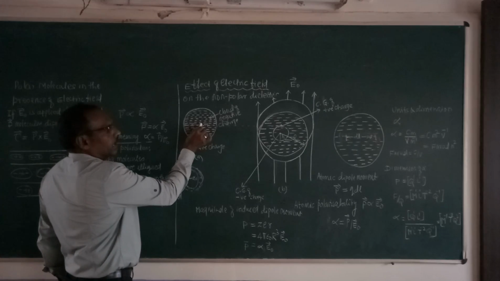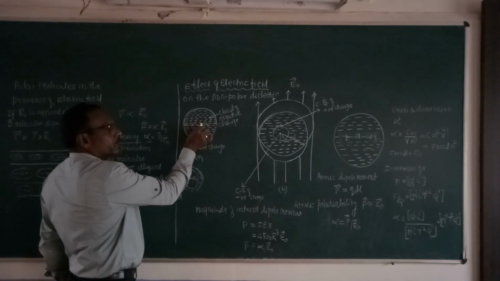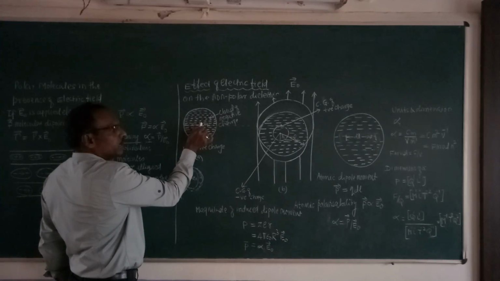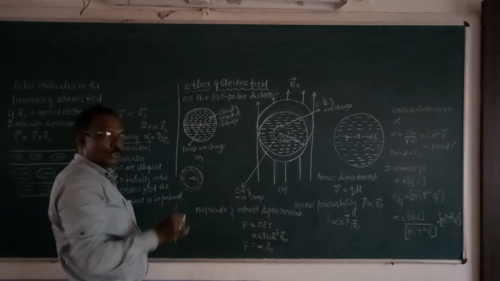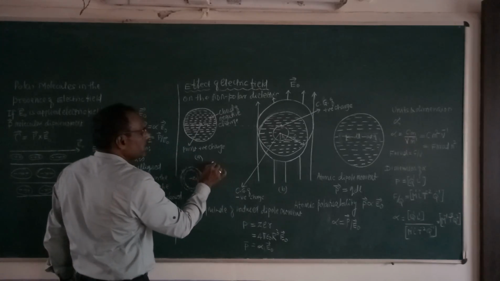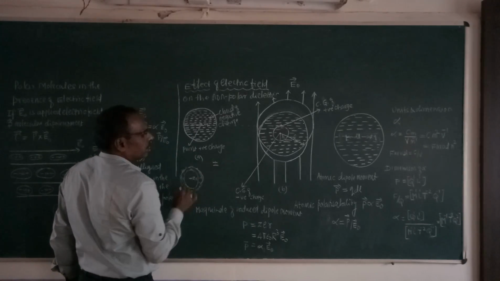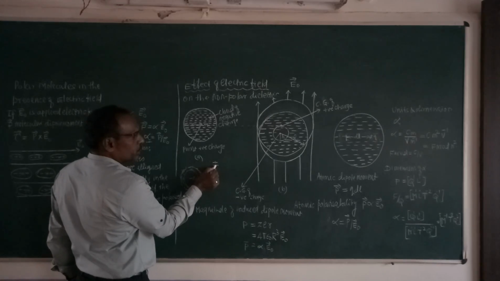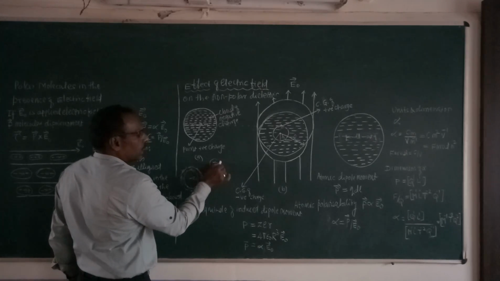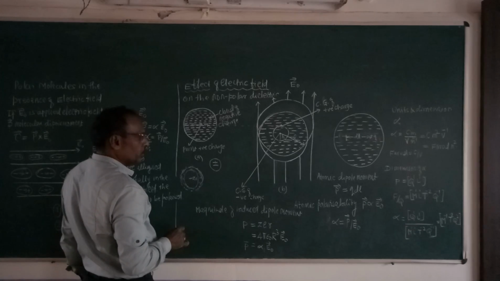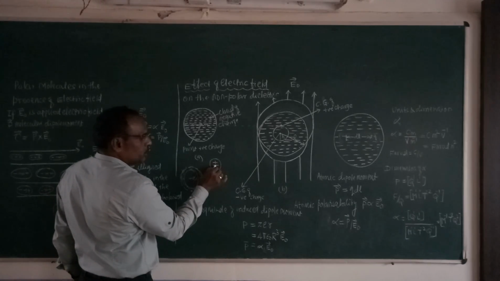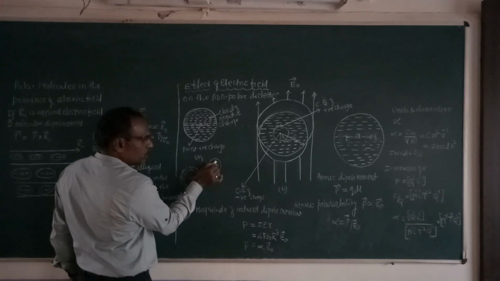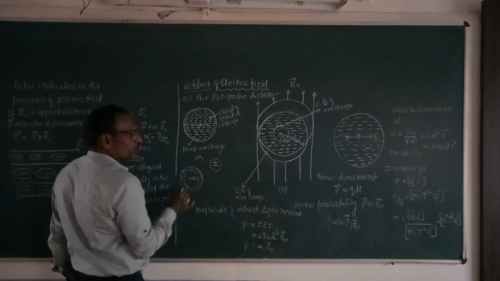The electron cloud has negative charge. The center of gravity of the negative charge is coinciding with the center of gravity of the positive charge. They are coinciding on each other. So this is the positive charge, this is the negative charge, and we know that the atom as a whole is neutral. So when this is the situation, there is no separation between positive and negative charge.